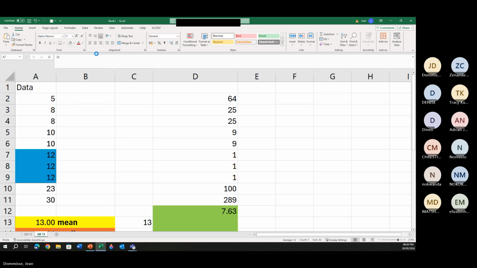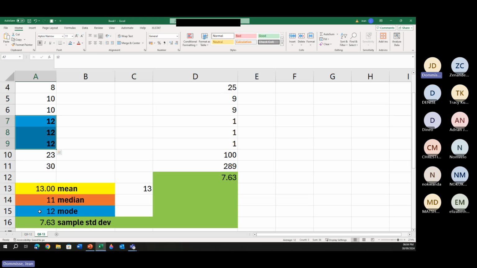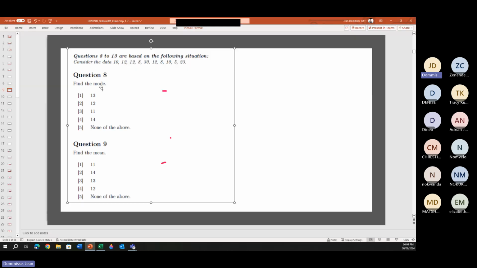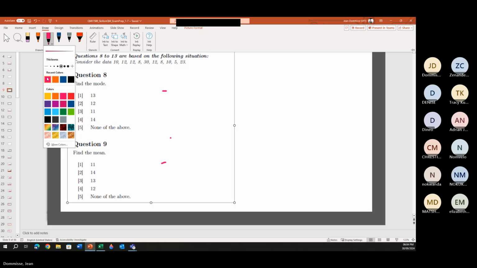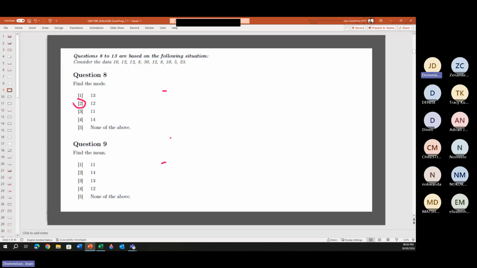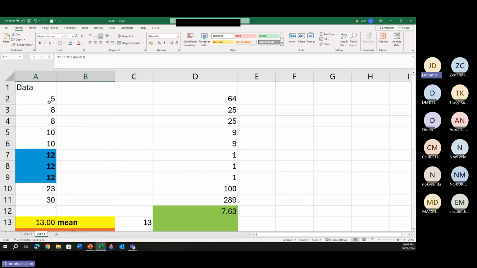So our mode will be 12, and you can see it is also 12 with what Excel is picking up. So that was actually the first question, the mode, which was 12. Even if we did not use Excel, we only ranked the data, we got that our mode is 12.